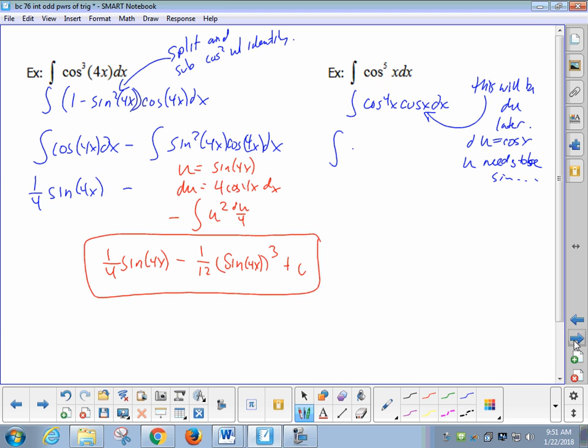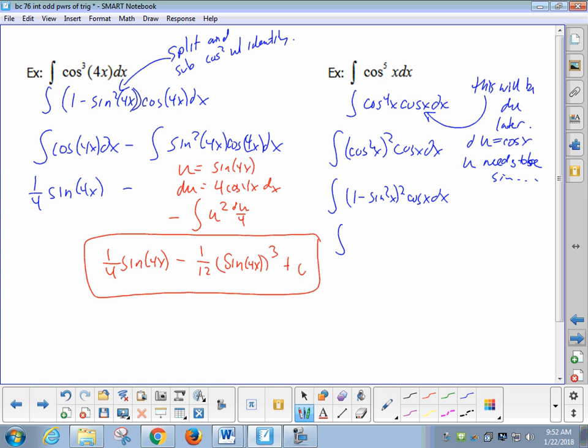I don't have any identity for cosine to the fourth. Cosine squared, squared. There you go. The identity for cosine squared is 1 minus sine squared, squared. Now here's where a huge source of algebra error comes. Is 1 minus sine squared, all squared, just equal to 1 minus sine to the fourth?